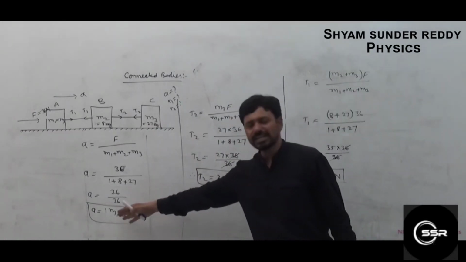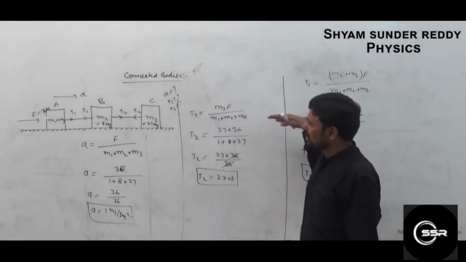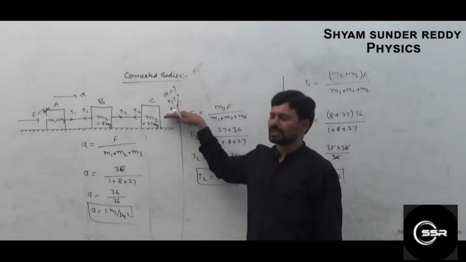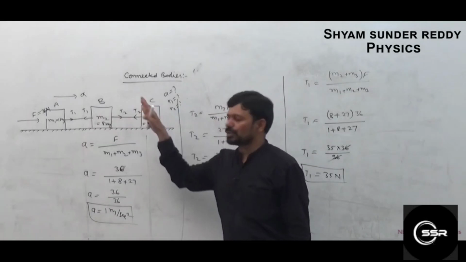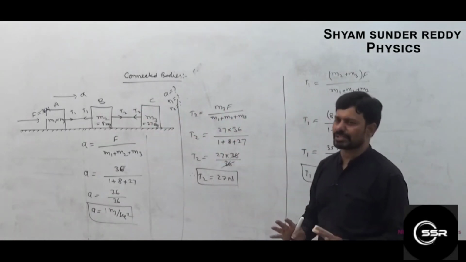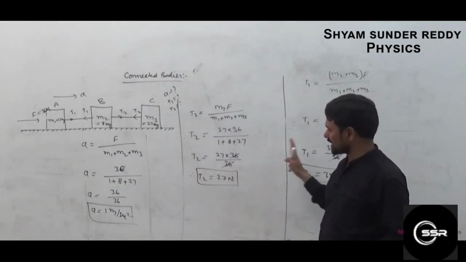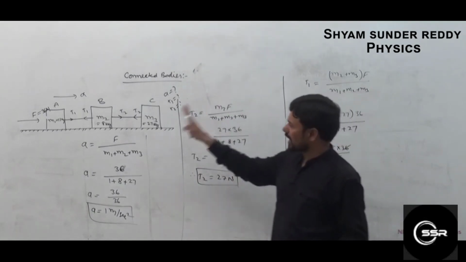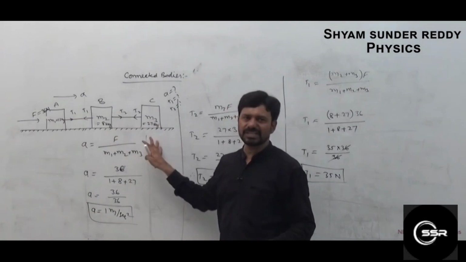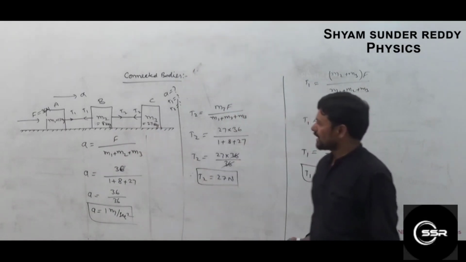We are getting the same A value. If the applied force is from this direction, then the T1 and T2 values will be changed. Don't take the same equations for all directions. These two equations will be changed, right?